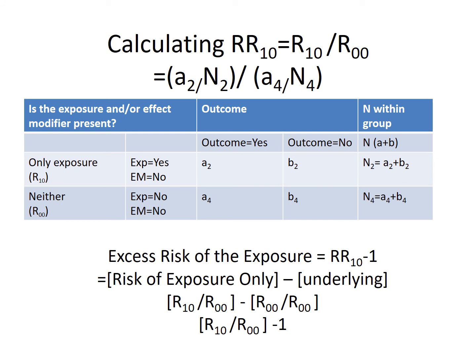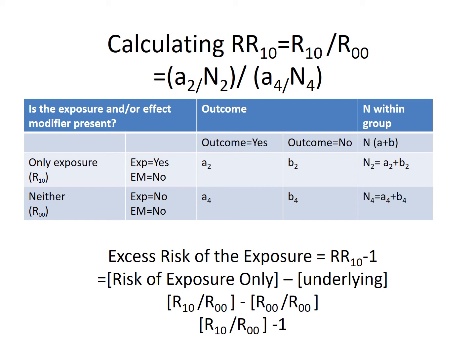So here we move into looking at the risk of just the exposure. So that means looking at, in that original table, the risk related to the exposure. So that is the second row, the A2 divided by N2. And we're comparing that to the neither condition, the R00. So remember, with all of your risk ratios, you're comparing that R00 in your denominator.